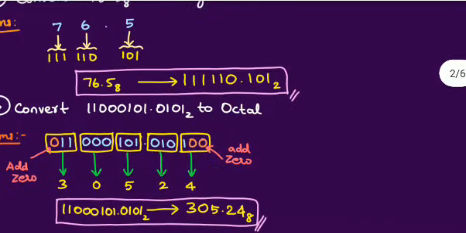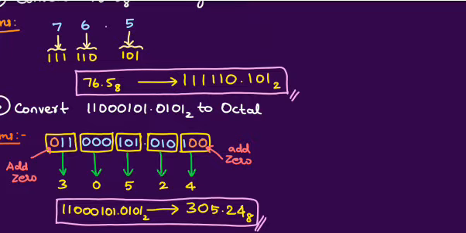Next one, third one. Convert 11000101.0101 from base 2 to octal. So which number is given here? Binary number is given. Which number do we want to calculate? Octal number. Generally we know binary to octal means what we need to do?